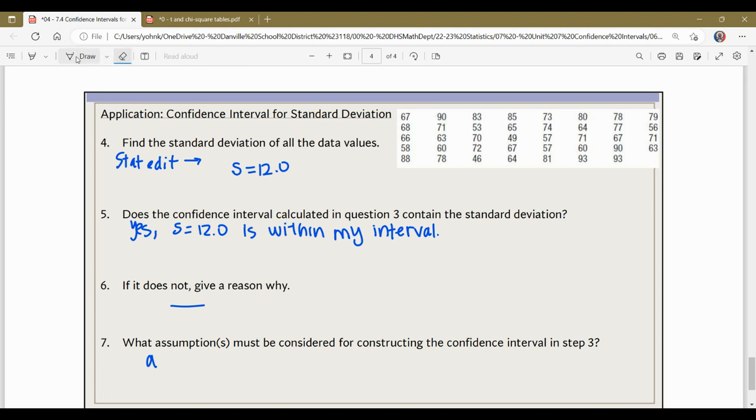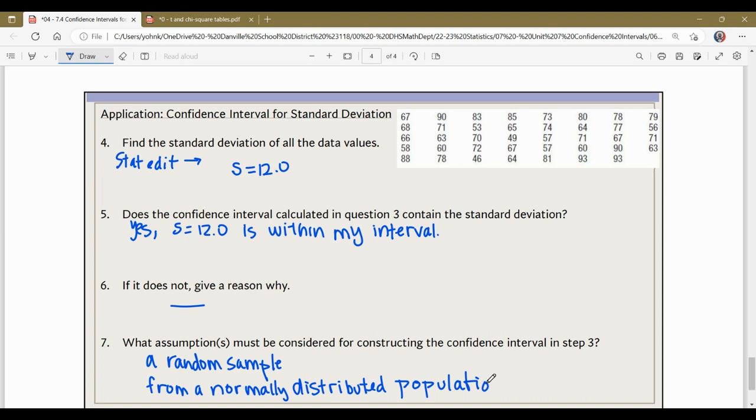I can't even spell. And the second one is that it must be from a normally distributed population. I can graph the data values to see if I get a histogram that looks symmetric. And in fact, you do.